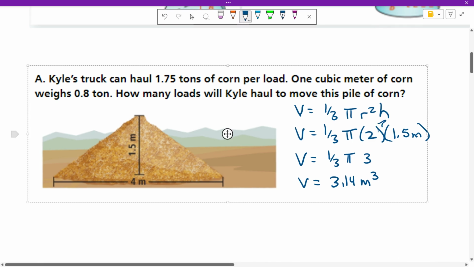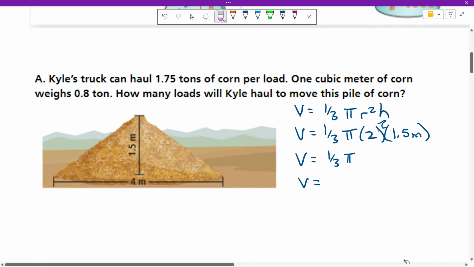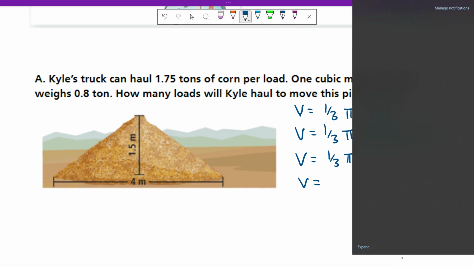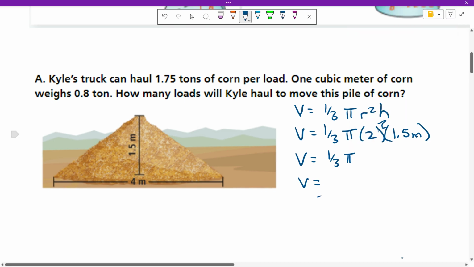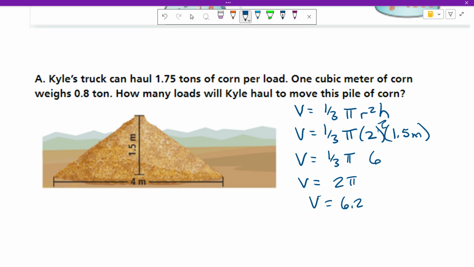Forgot to square my 2. So 2 squared is 4. 4 times 1.5 is 6. So then it's 2 pi, which is 6.28 meters cubed of corn. Okay?